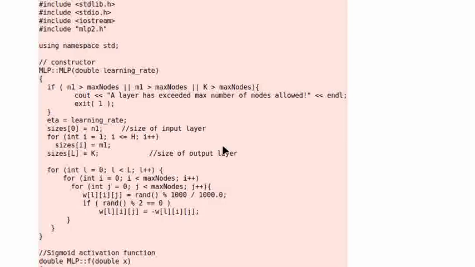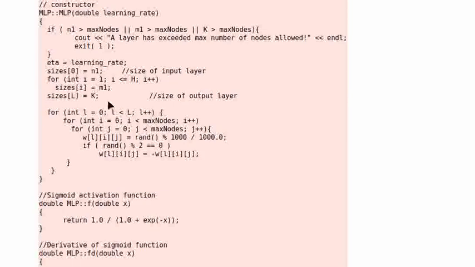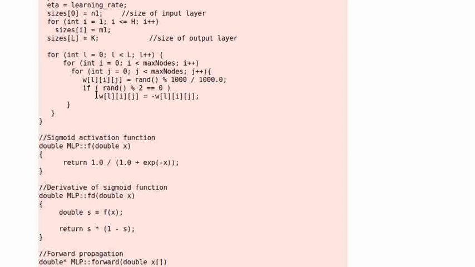And we set the sizes to be the number of neurons in each layer. And W contains the weights. We start with some random weights with positive and negative values.